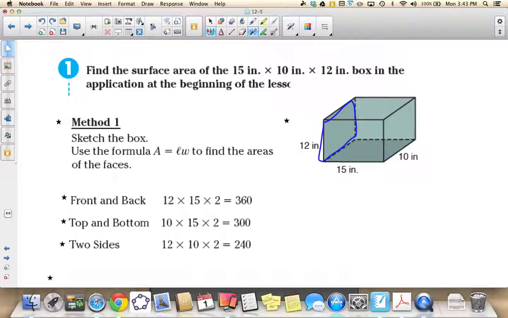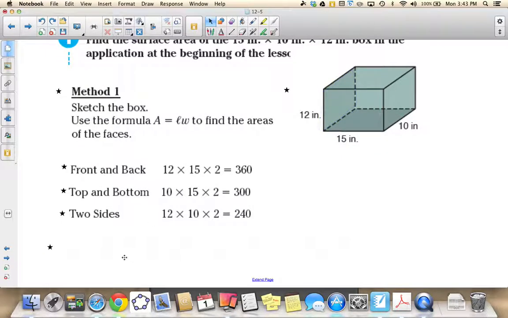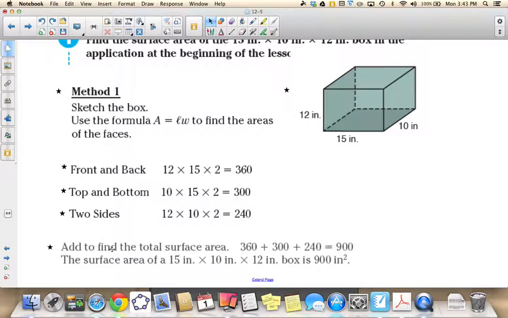And if you add up all the areas of the two sides, it equals 240. All we need to do now is add all the areas of all the surfaces. 360 plus 300 plus 240 will give us 900 square inches. So the total surface area of this box is 900 square inches.